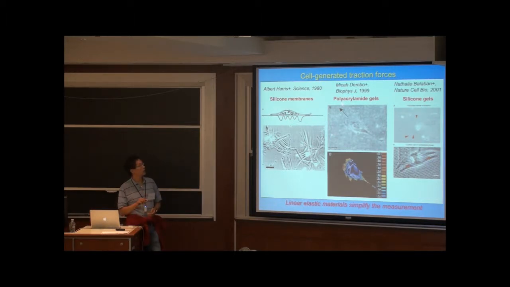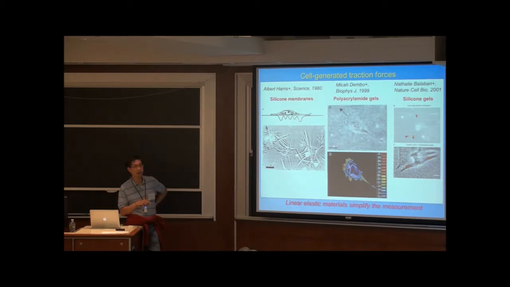So he collaborated with a mathematician, Micah Dembo, who developed a method to measure the strains within that half space, if you will, of acrylamide gel. So you imagine a thick gel, cell sitting on the top, deforming the gel. The first thing you have to do is figure out how to measure the deformations in the gel. And then what Micah did was take that input and figure out how to calculate the stresses from those deformations.